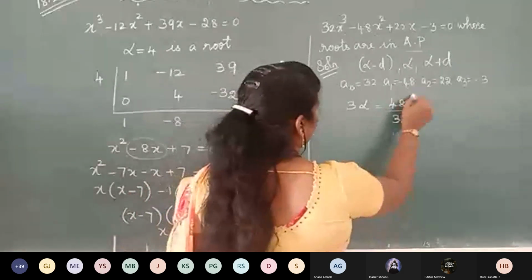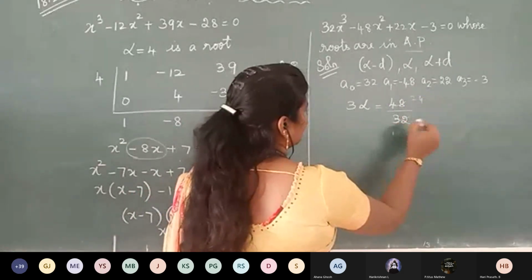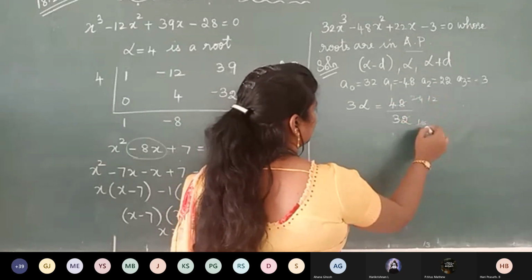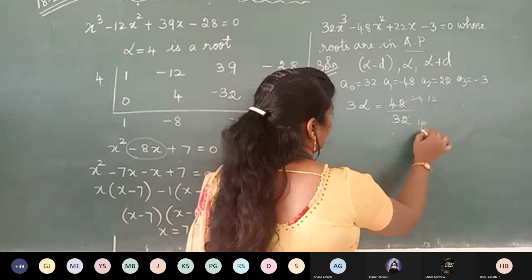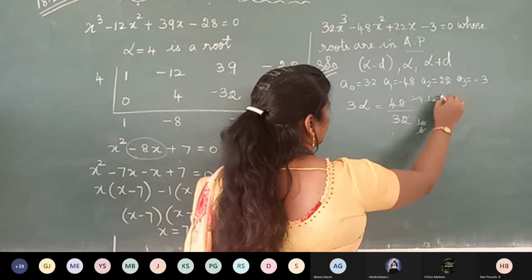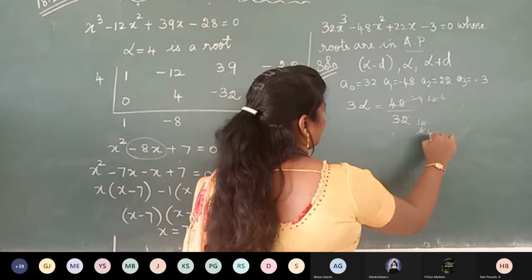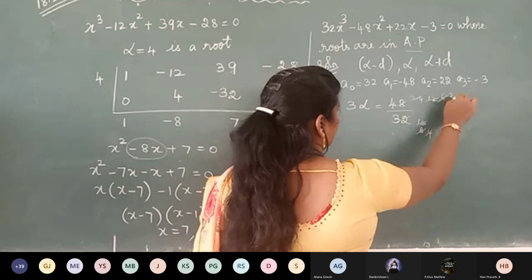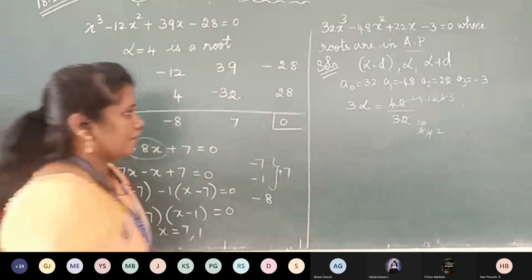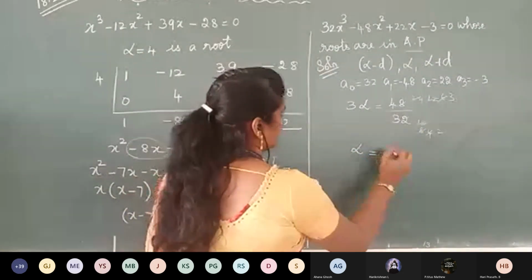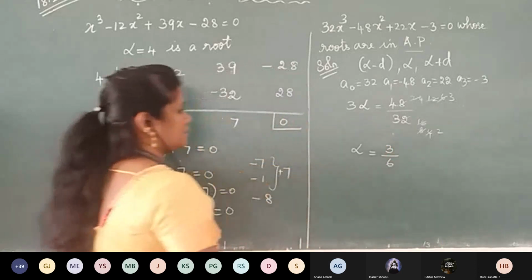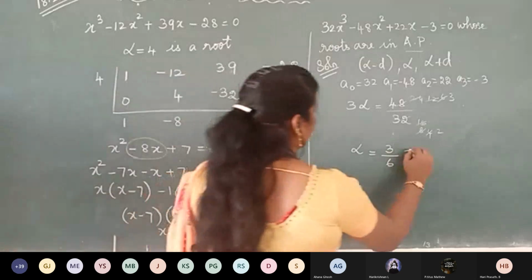You will cross over, so it will be 3 and 2. And here alpha is equal to 3 by 6 when I take it down. So your alpha is equal to 1 by 2.